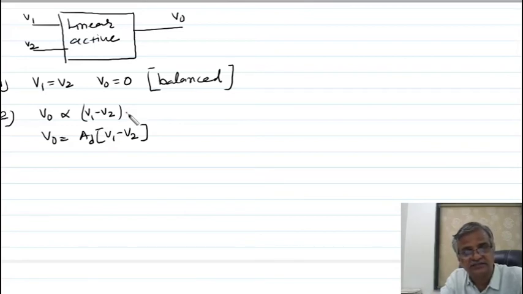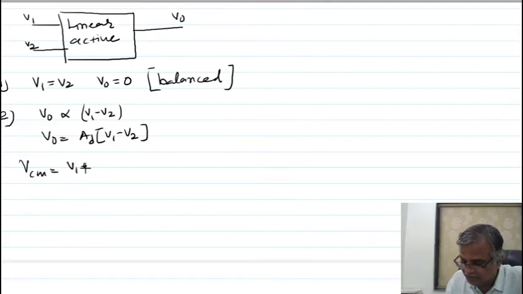In practice, the output does not depend only on the difference of the input signals. It also depends upon the signal which is common to both inputs. For an ideal differential amplifier, output depends only on the difference, but in practice it also depends upon the common mode signal. This common mode signal is given by VC equals V1 plus V2 by 2.